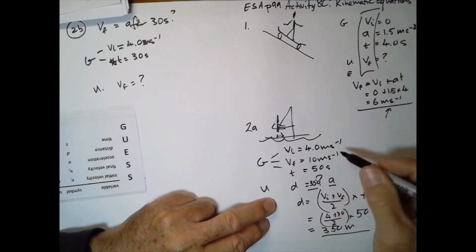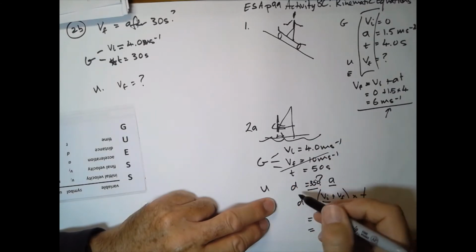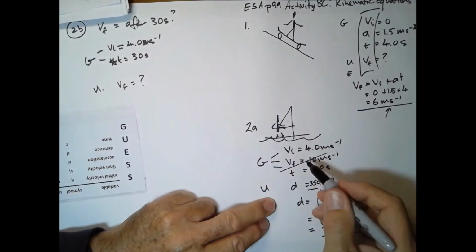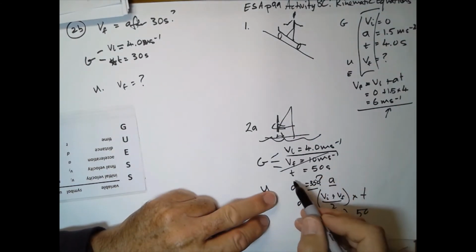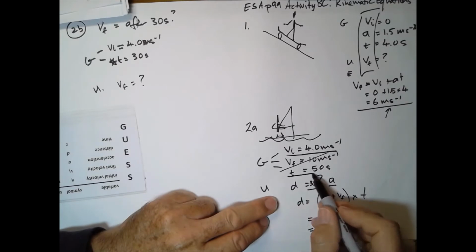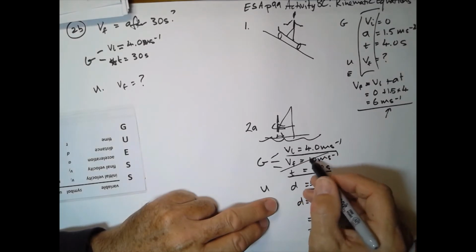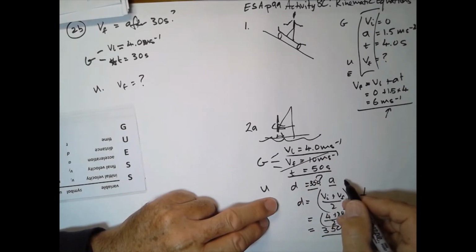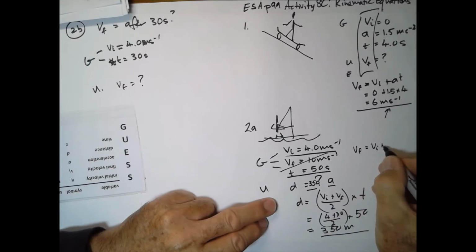We've got an initial velocity of 4 meters per second. We've got a time, and we do have the final velocity. So we could find the acceleration. We could use v final is equal to v initial plus at.